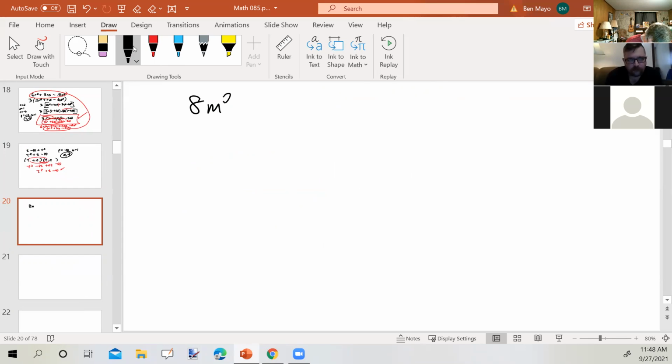8m squared n cubed minus 24m n to the fourth. This is a binomial, so I'm going to look for the difference of two squares. But before I do that, I want to see if there's a greatest common factor, which there is. 8m n cubed.